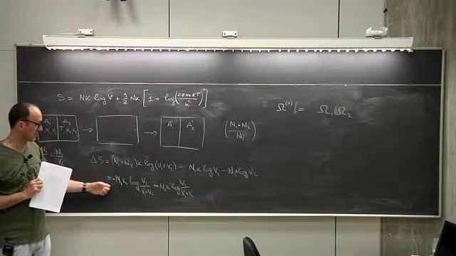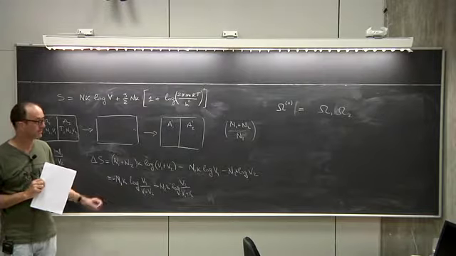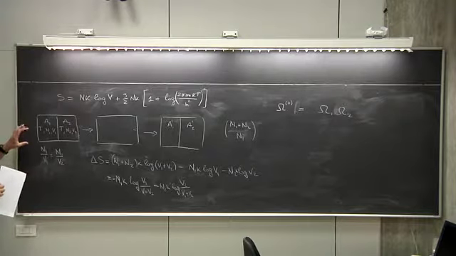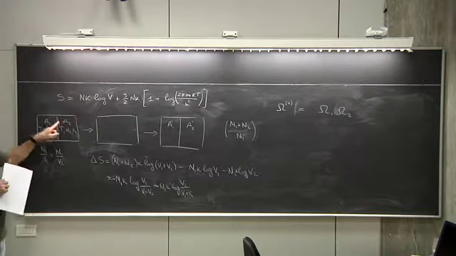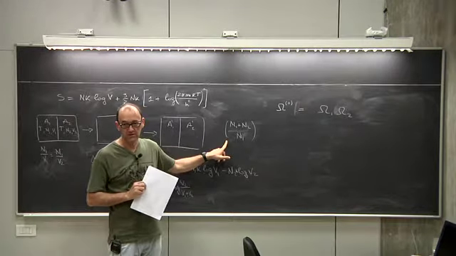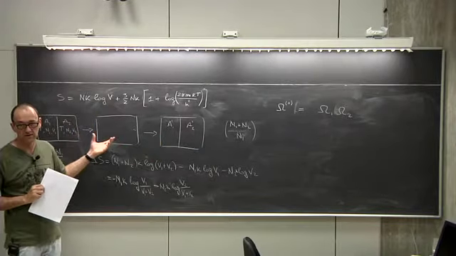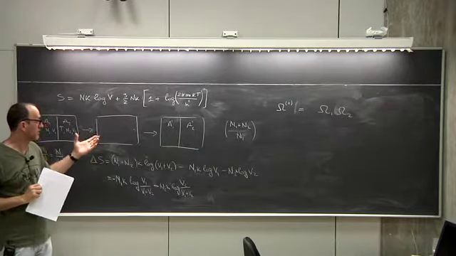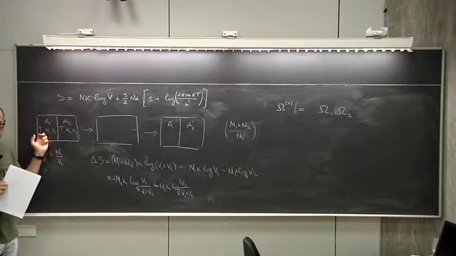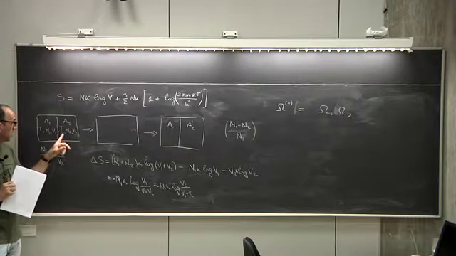you would just get the entropy of mixing after this transformation. What I want to argue is that there are this many microstates which are equivalent with a system where these two subsystems are in equilibrium at the same temperature and the same density.